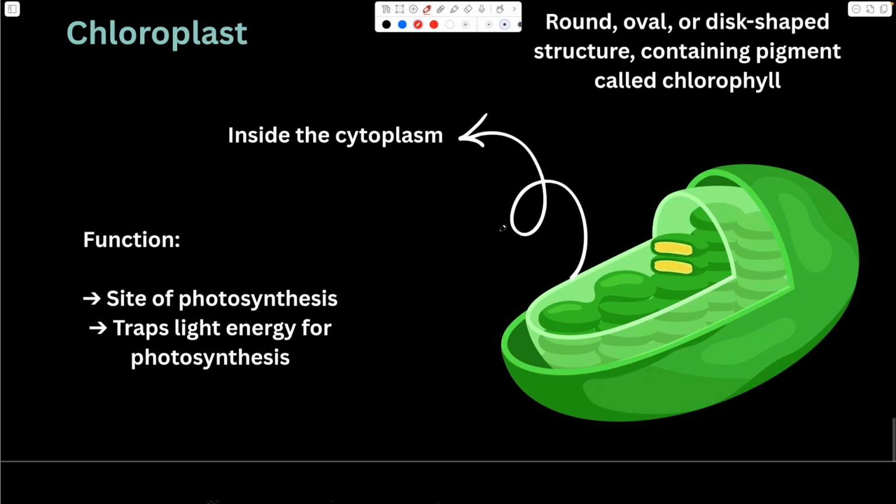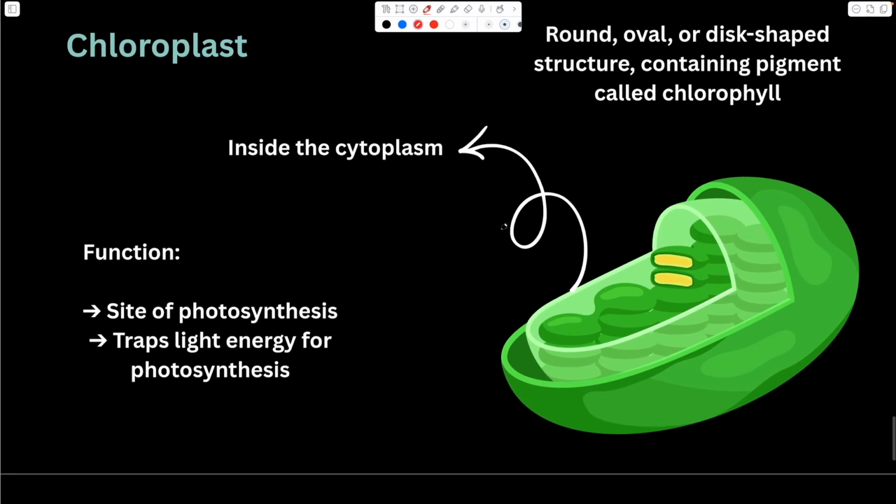We'll learn about chloroplast. Like mitochondria, it is said that chloroplast also comes from an ancient bacteria, right? That further evolved to form organelles in plant cells. So what does chloroplast do? It is a site of photosynthesis. For example, this is the sun. You've never seen this type of ugly sun, but it's okay.